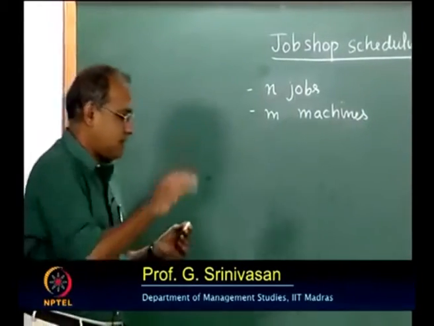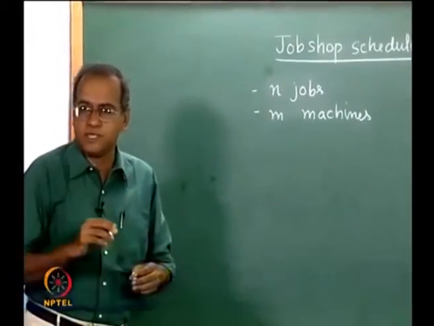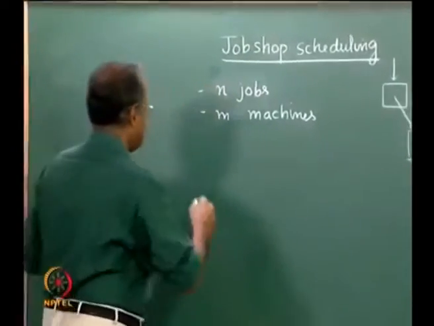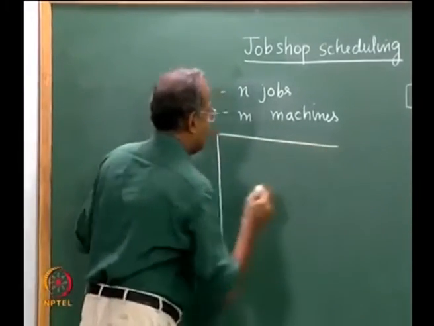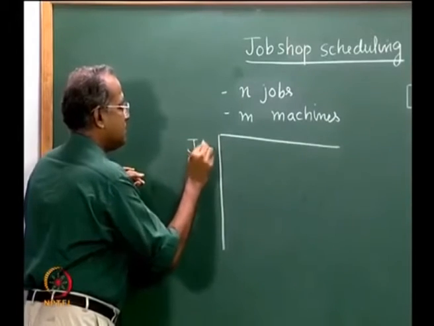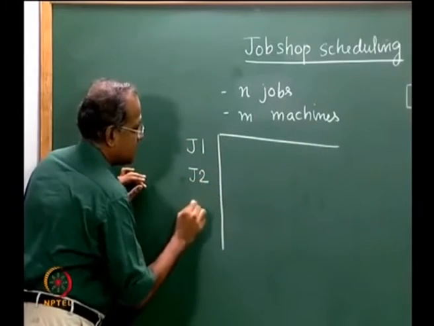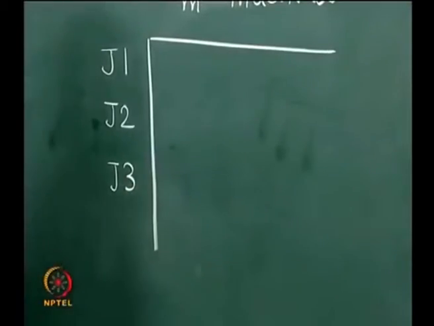So, let us explain the job shop scheduling problem using an example. In this example we are going to look at 3 jobs and 3 machines. Let me call the 3 jobs J1, J2 and J3.